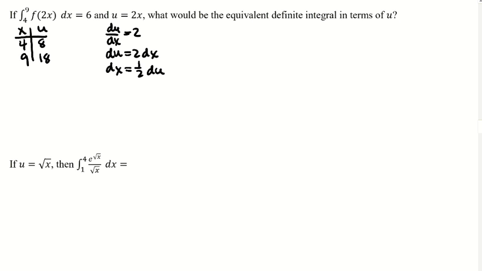So when I go to make the substitution, this integral is going to become the integral from 8 to 18 of f of u, then multiplied by, well, dx is half of du. And now that's equivalent to the right answer, but I expect that if it was a multiple choice item, it would look more like this.